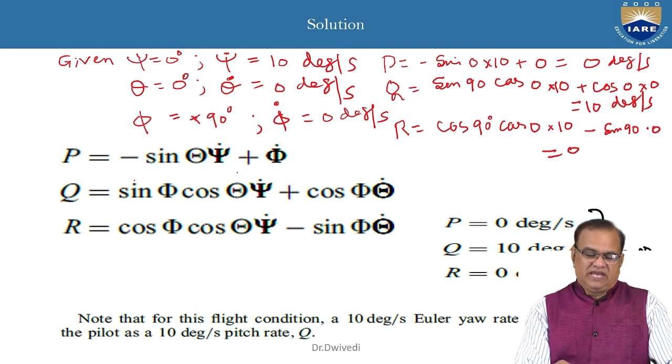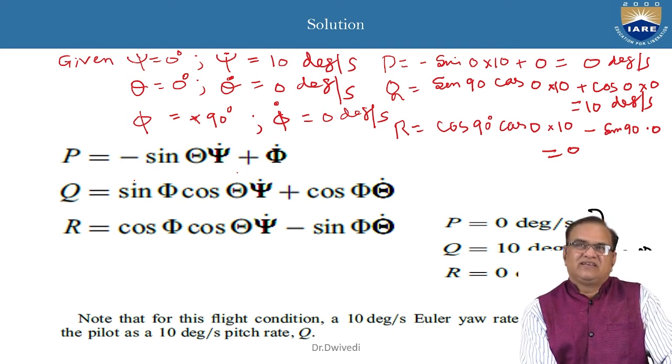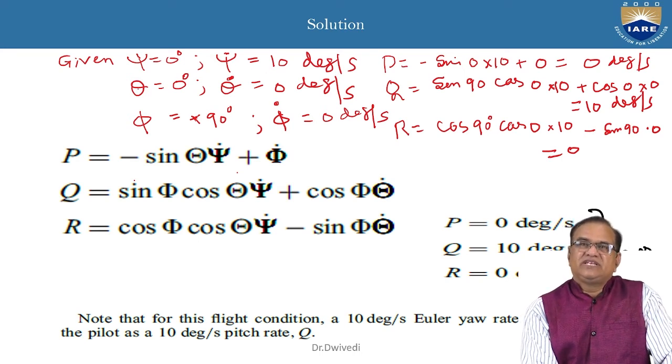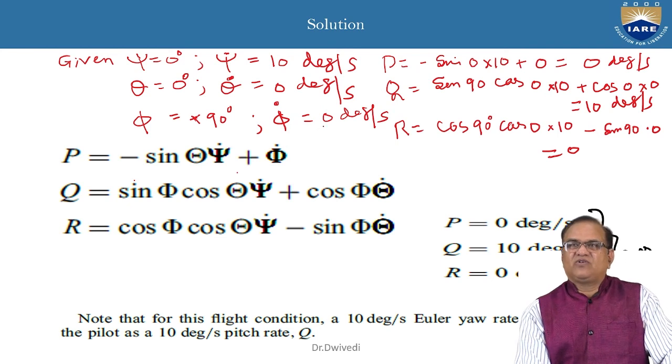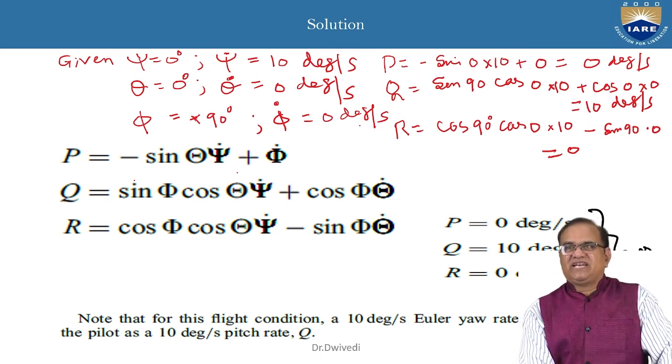So here given is psi equal to 0 degree, psi dot equal to 10, theta equal to 0 degree, theta dot also 0, phi equal to plus 90 degree, and phi dot equal to 0 degree per second.